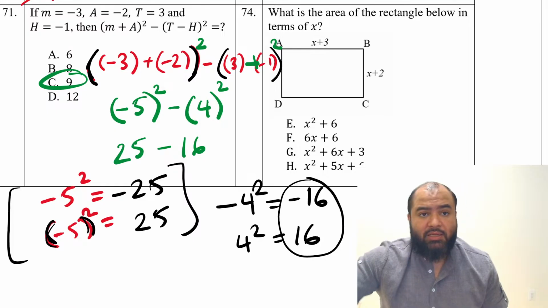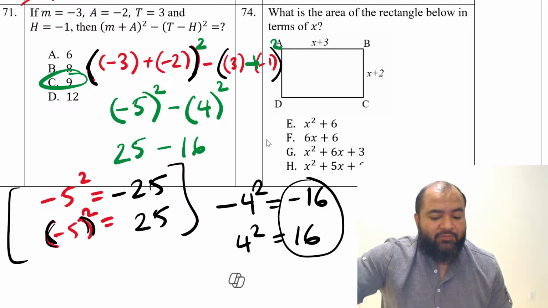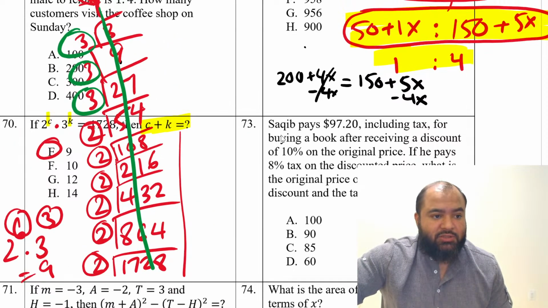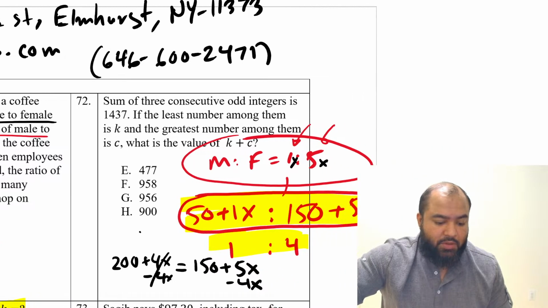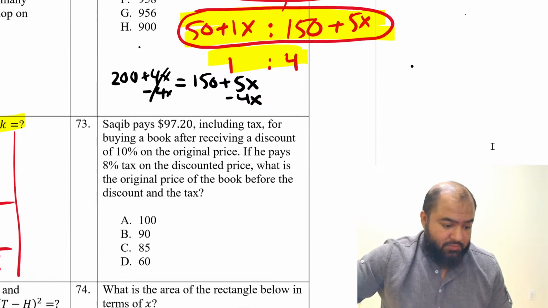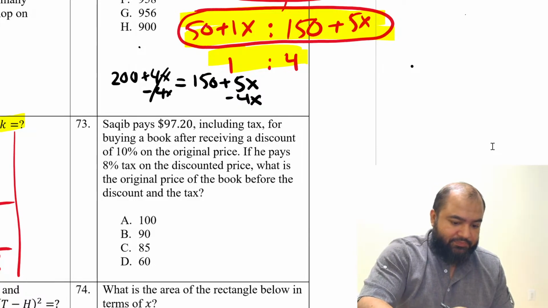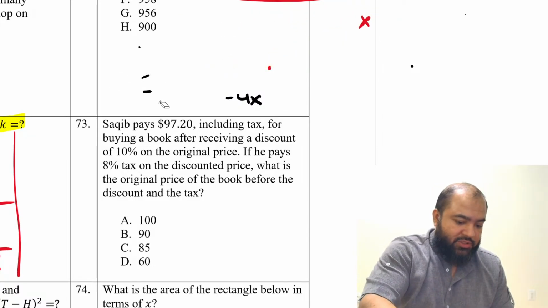Now I'm gonna end the class here, but before that, I'm gonna give you some more questions to work on so you guys can handle it. You can practice more at home. So let's see here. Question 72.